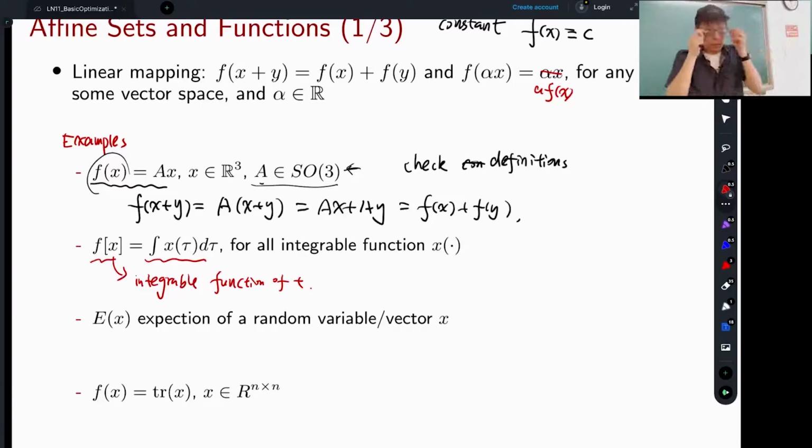If you give me a function x, a signal, I return you a value, which is an integral of that x function over time. Is this well defined? It's an integrable function. Of course, it's well defined. Then I'm asking you, how do we prove this is a linear function of x?